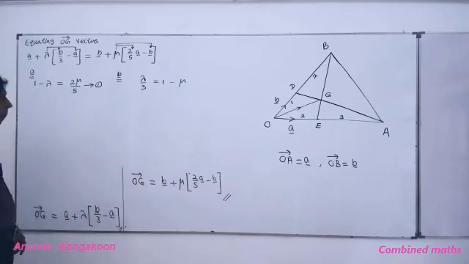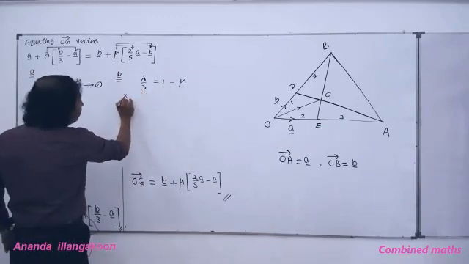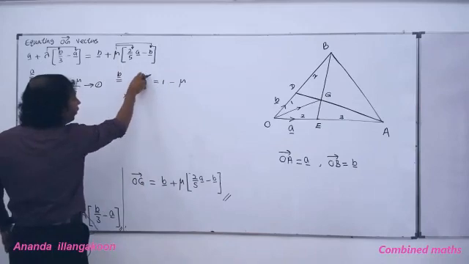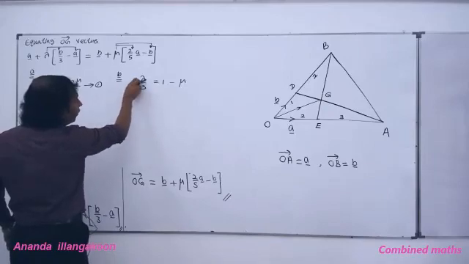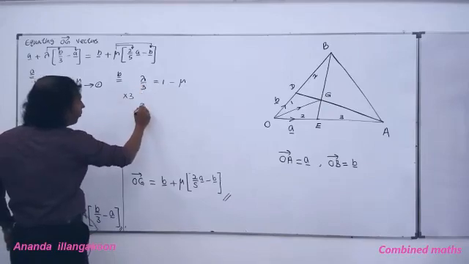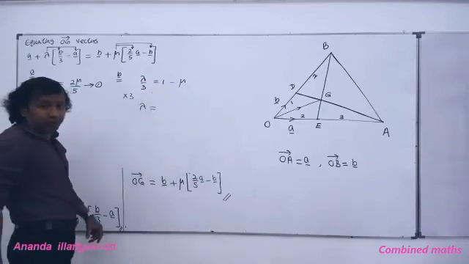Now I multiply both sides by 3. When you multiply this by 3, this 3 will cancel off, so we get lambda. On the right hand side, this and this both you should multiply by 3 now.